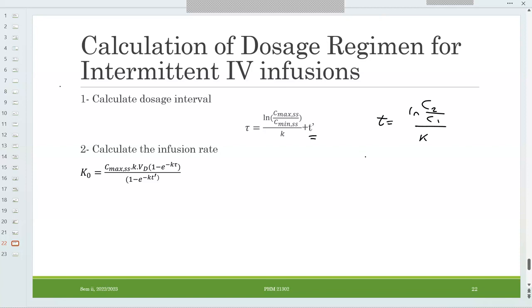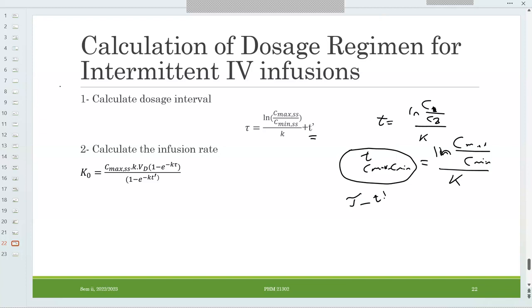So if our time is the time between Cmax and Cmin, it should be equal to ln C1 divided by C2, okay? Cmax divided by Cmin, divided by K. But the time between Cmax and Cmin equals tau minus T prime, right?